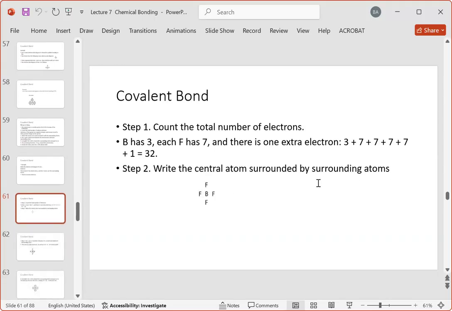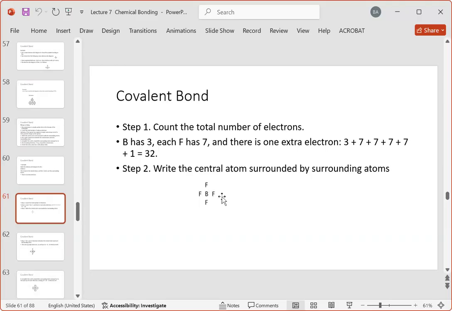So then we count the total number of electrons. Boron has 3, and each fluorine has 7. So when you add them all up, you get 31, plus the one that it has gained. So you come to 32.